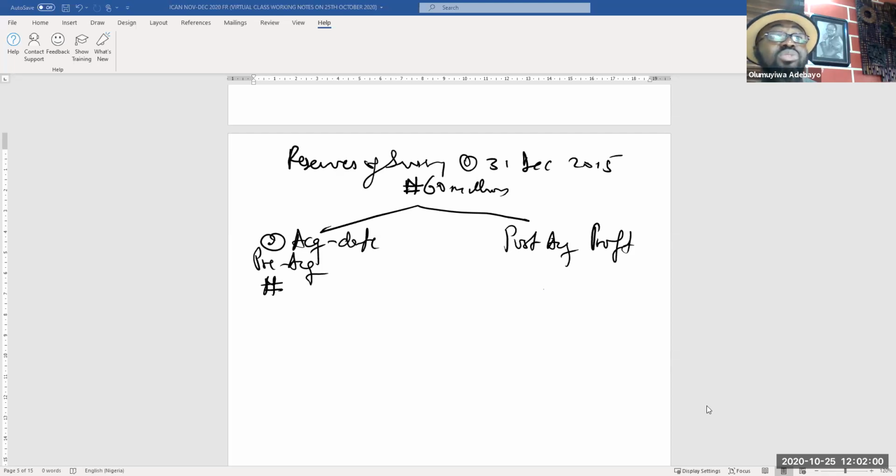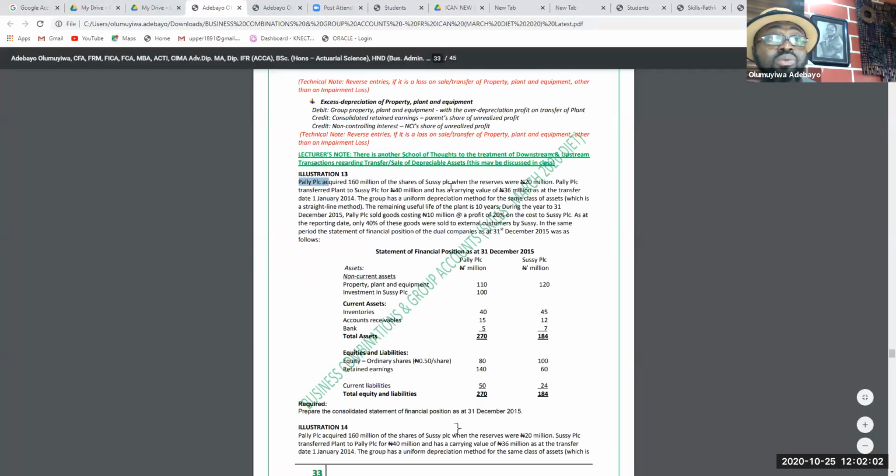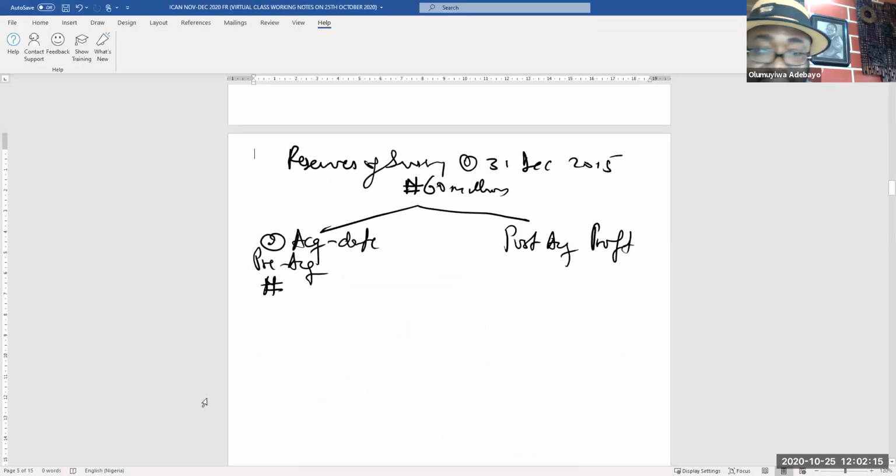As at the date of acquisition, when 160 million shares were acquired, the reserve stood at 20 million. And between acquisition and now, my reserve has grown from 20 million to 60, which means it has created a positive return of 40 million.